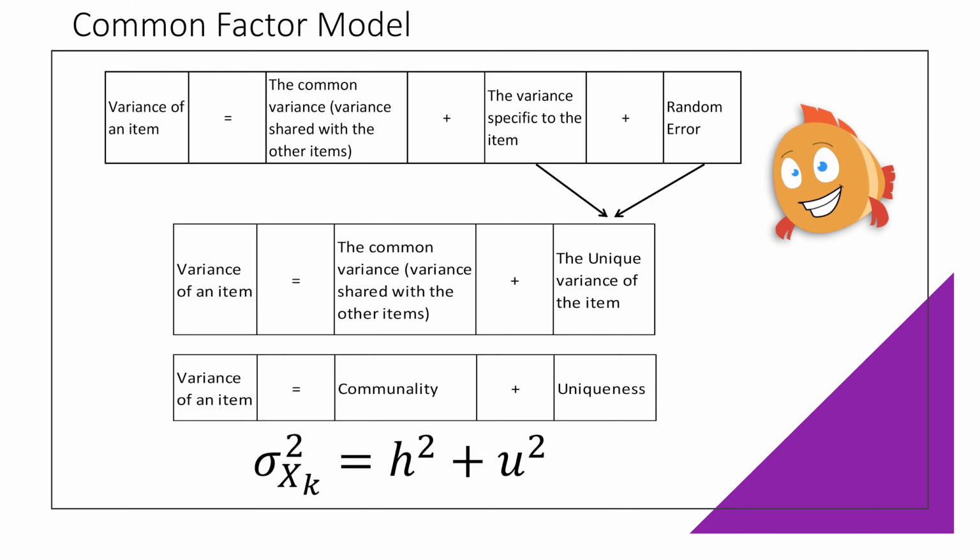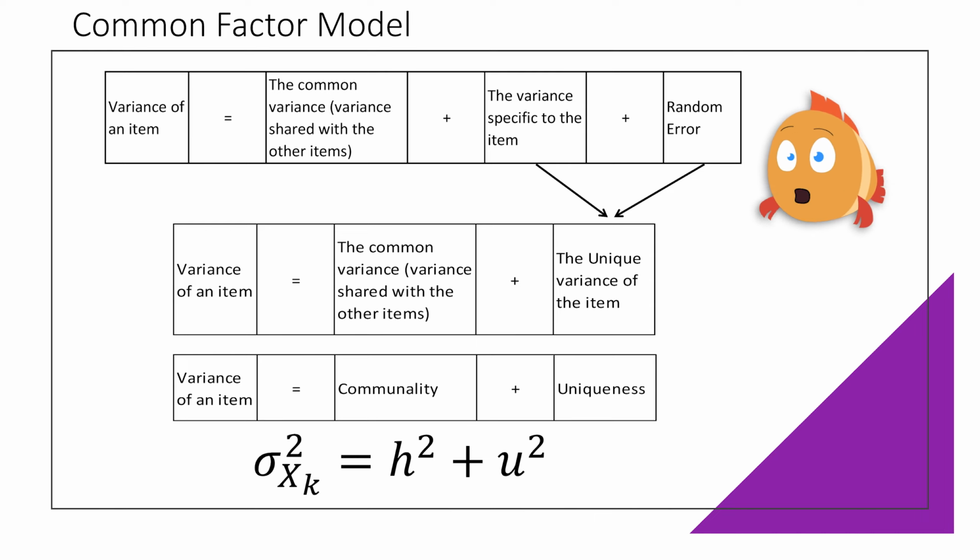Now, like I said earlier, we can't untangle random error from specific item variance. So instead, we are left with this unique variance that is indistinguishable between those two chunks, plus the common variance. So this is the variance that's shared with all the other items.